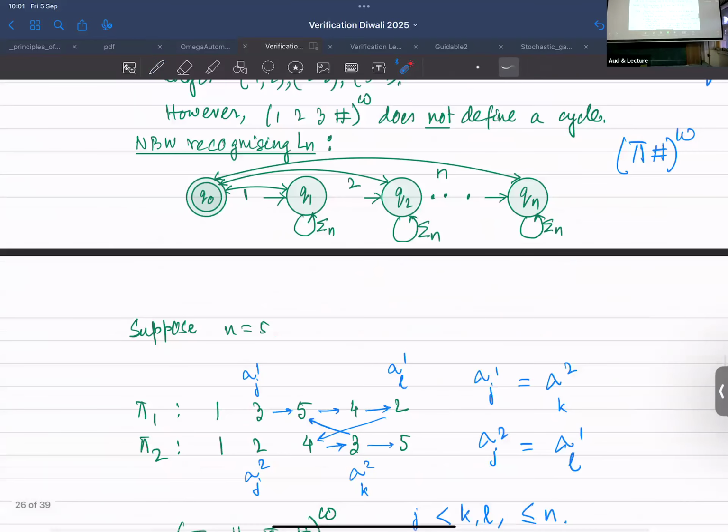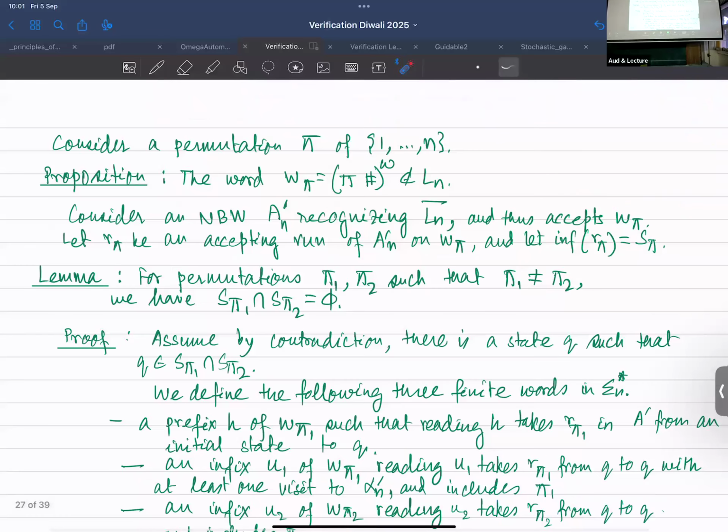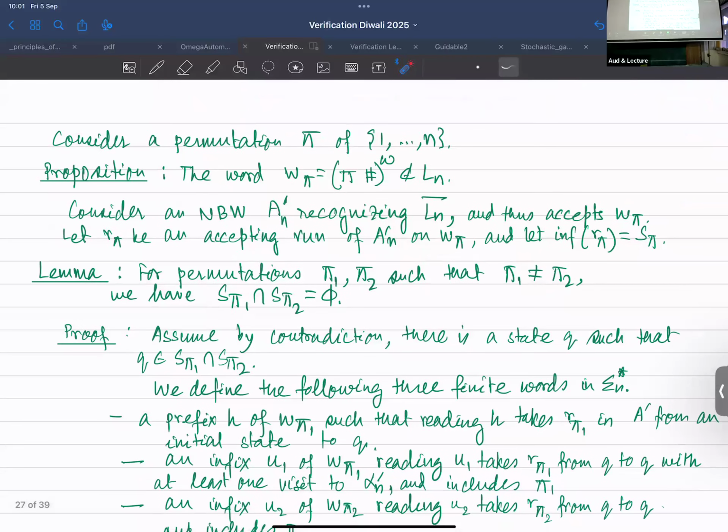Now, this is just a definition. We consider this NBW An prime for recognizing the complement language, ln bar. And so ln bar should accept this W pi.